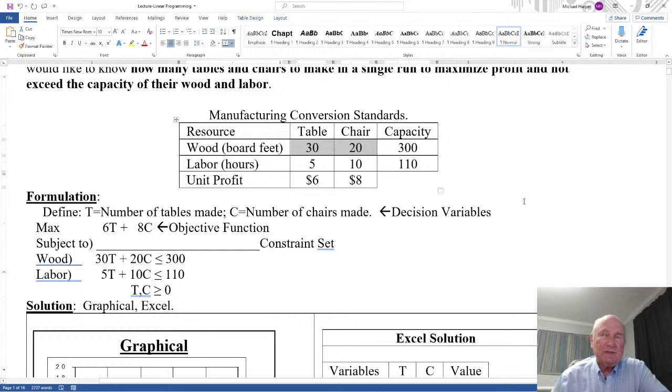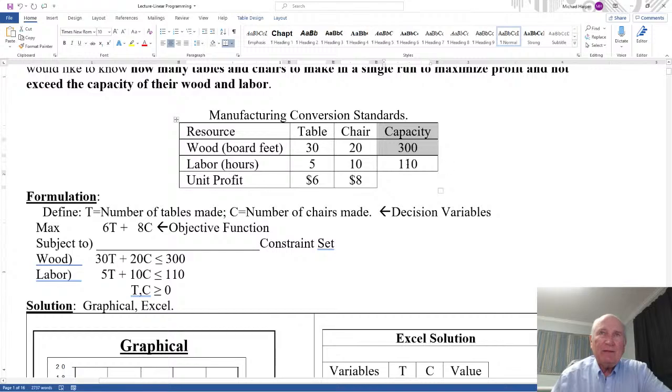That's how much wood I'm using. But my capacity, that's how many board feet I have for this production run. In other words, that's how much inventory I have to produce tables and chairs. I can't produce tables and chairs that require more than that amount of wood, because that's my maximum amount of wood that I have to use to make tables and chairs. So that's the capacity of that resource, or that's how much wood that I have.